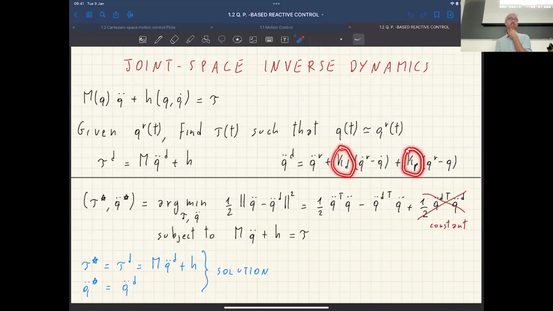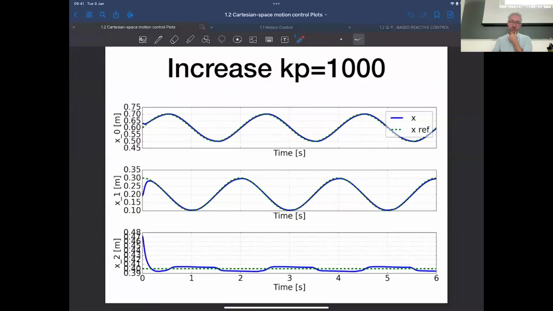We need feedback. It's not the only way the robot uses the sensor data, because they're also used for computing M and H, for instance. But if you don't have the feedback gains, well, we saw in the plots what happens.